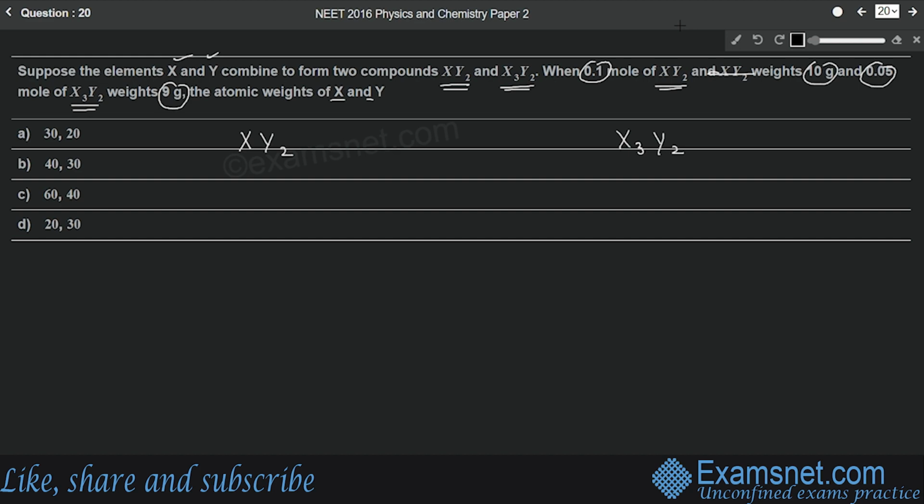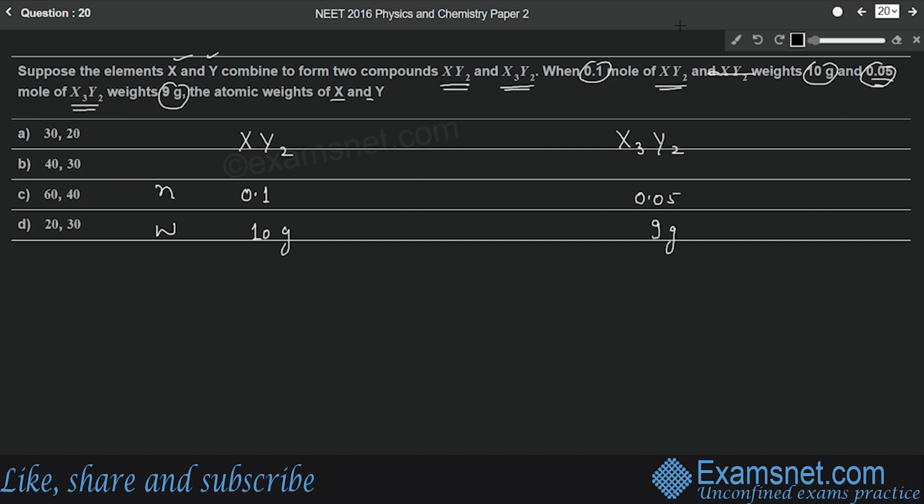Okay, now the number of moles of XY2 is given as 0.1. It is given in the question that 0.1 mole of XY2 weighs 10 gram. That means the given weight for XY2 is 10 grams and the number of moles is 0.1. Similarly for X3Y2, the number of moles given is 0.05 and the given weight is 9 grams.